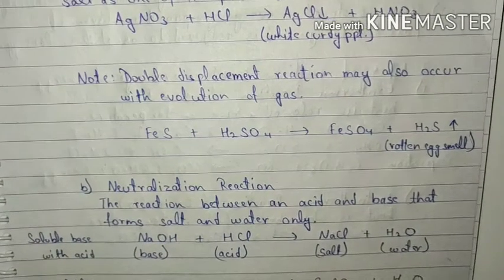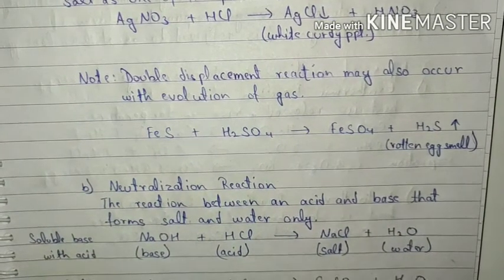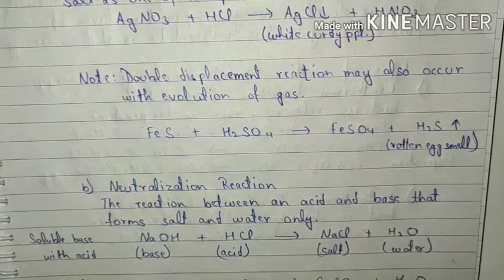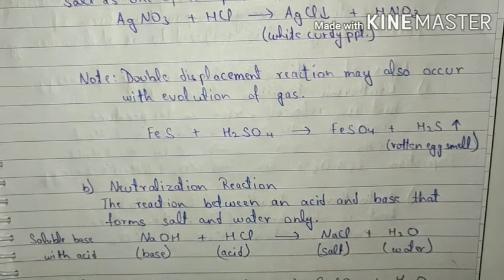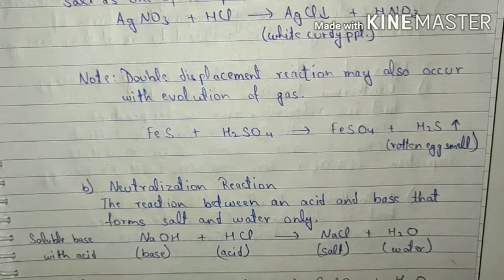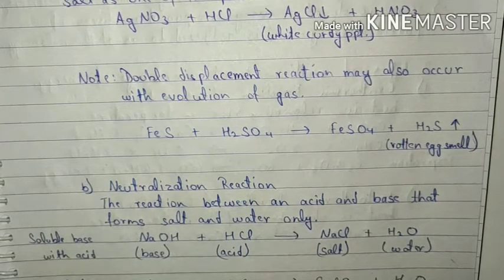One thing to be noted here is that a double displacement reaction may also occur with evolution of gas. Like precipitation reaction, where we were getting insoluble solid substances, there are certain double displacement reactions where we get evolution of gas also.